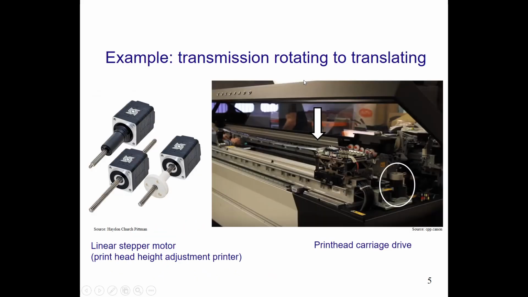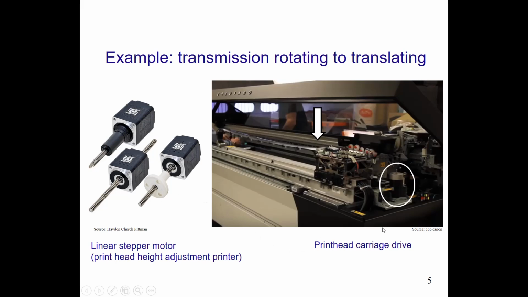Some examples of rotating to translating transformers are this linear stepper motor, which transforms that rotating speed from the stepper motor to a linear or translating speed of the spindle over here. We see that also in industrial printing systems.